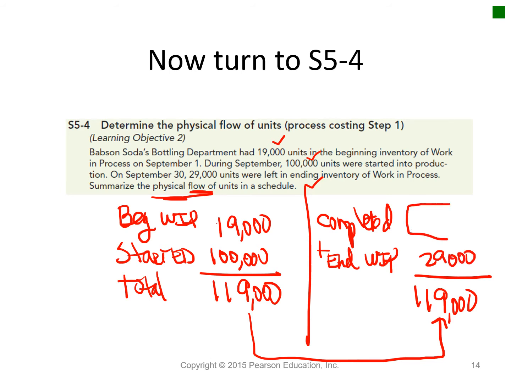So here's the plug number, and sometimes this is how they'll expect you to do it, to know the formulas. If completed plus ending WIP should equal the total physical, which it does, and you know that ending work in process is 29,000, here's the question mark. Can you come up with that completed? The answer should be yes. You just have to take 119,000 and subtract out 29,000, and that'll be your plug number to figure out the completed number of units.